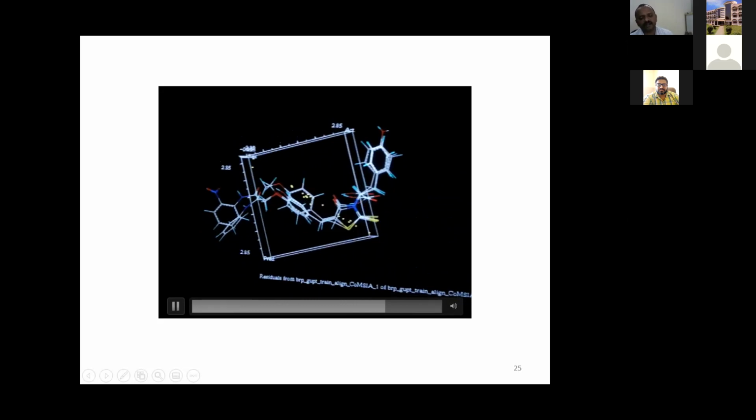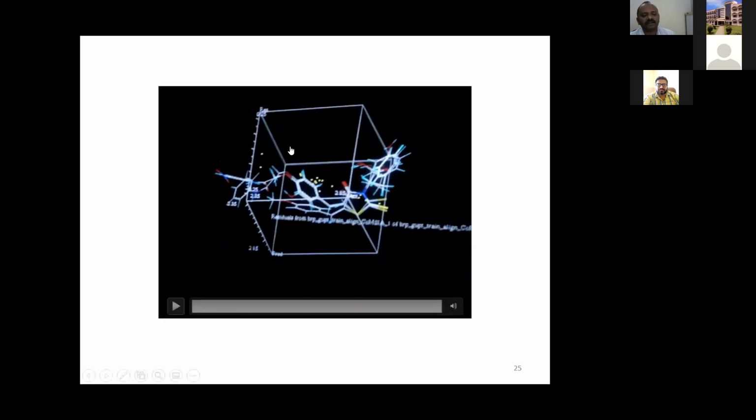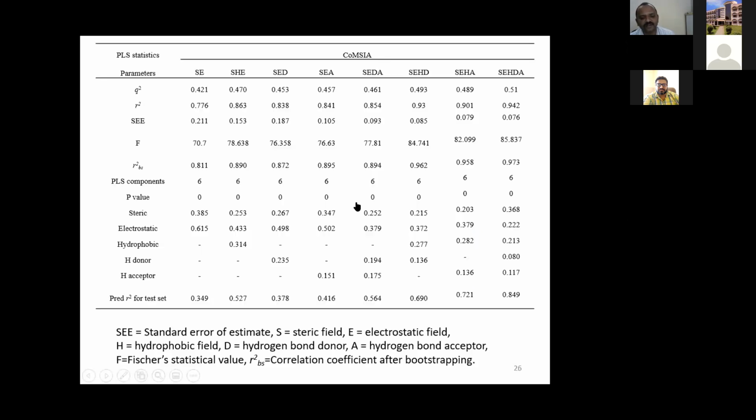After aligning, once we do the statistical analysis, we are going to predict the biological activity of these molecules. These are all the statistical parameters that we take into consideration. What are all the statistical parameters that we look into?